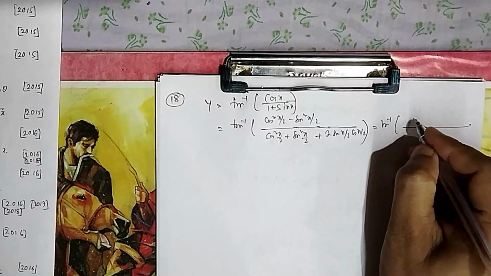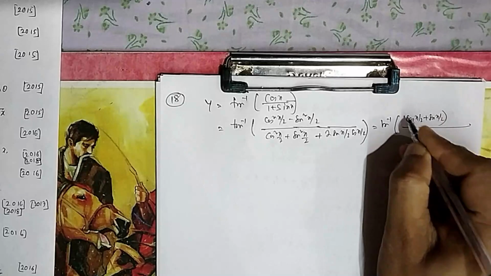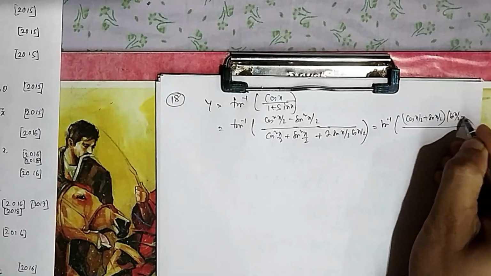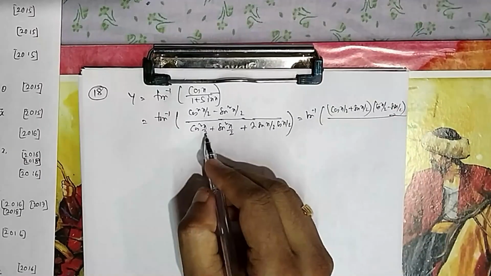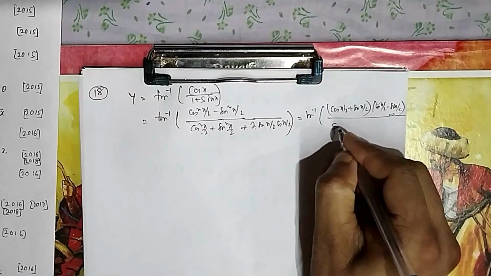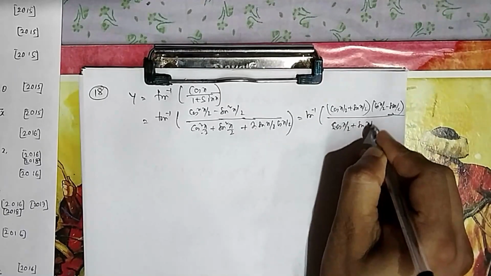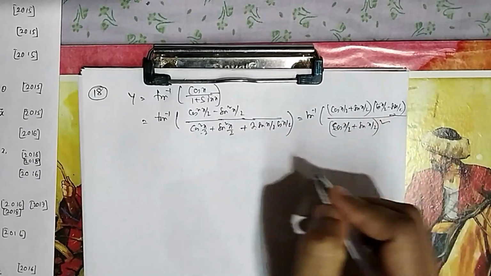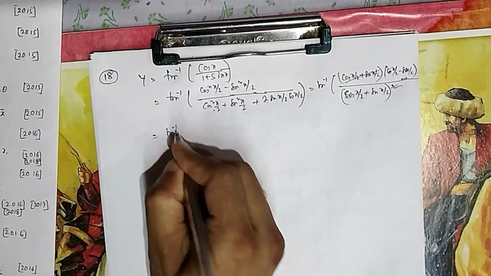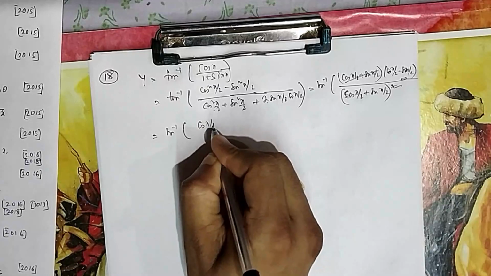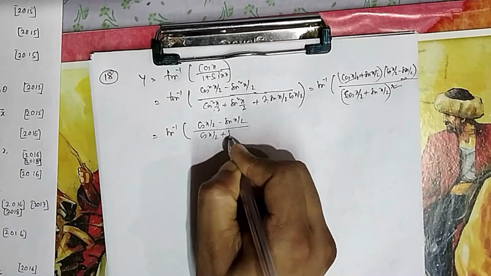In the numerator it is (cos x by 2 plus sin x by 2) into (cos x by 2 minus sin x by 2), a square minus b square, and the denominator is a square plus 2ab plus b square. So it gives (cos x by 2 plus sin x by 2) whole square. So these and these get cancelled. So ultimately you are left with cos x by 2 minus sin x by 2 divided by cos x by 2 plus sin x by 2.